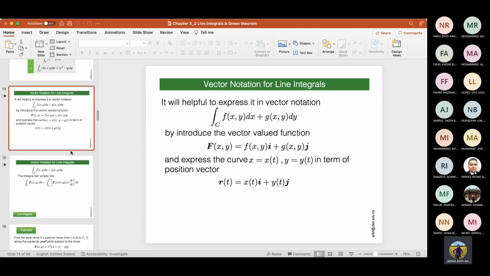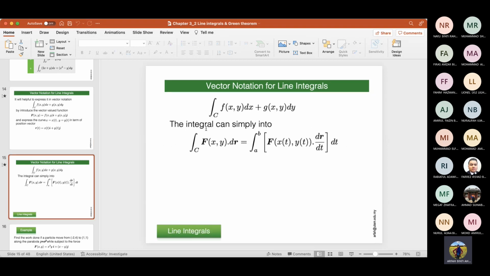And we have gone through this one for the case of vector function. So the vector notation for the line integral will be equal to taking the integration over the vector function f, having the dot product with dr, the derivative of the vector function.